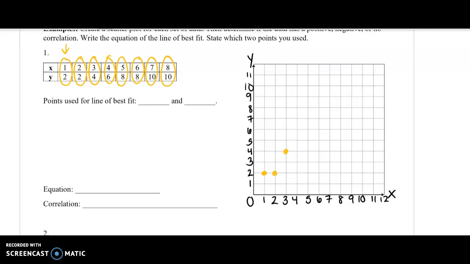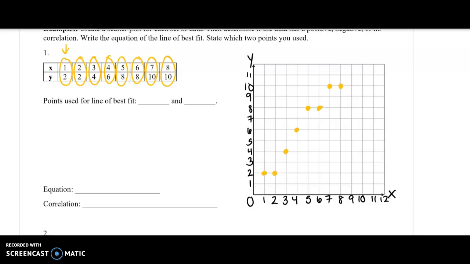So go ahead and do that. Okay, and once you have all of your points plotted, the next thing you have to do, and if you have to pause the video to get all the rest of your points plotted, please do so.